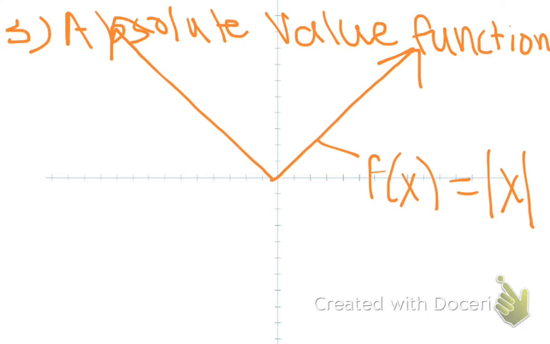Hopefully you all have been catching on to this, that f of x is always going to be before a function, or when you have a function. It can also be written as y equals whatever, but for a function, this is how we formally write it.